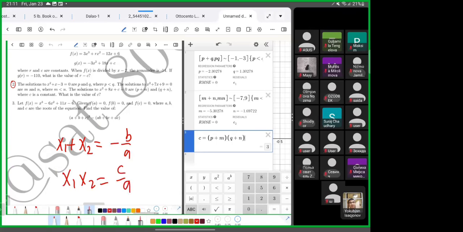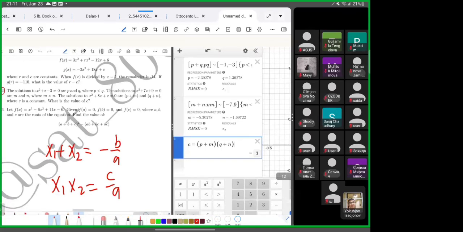It is Vieta's formula. Now here b is plus 1, a is 1, but due to this minus, it becomes minus 1. So the sum of solutions is minus 1. Got it? Thank you, sir.